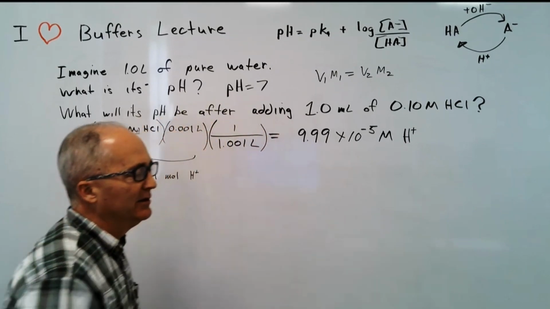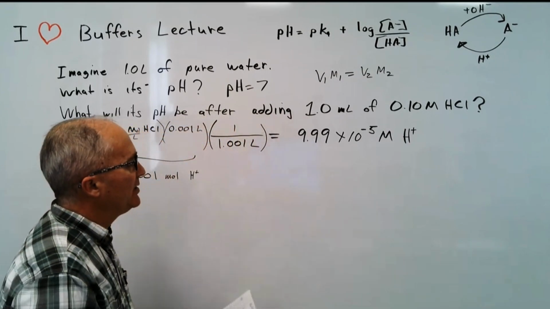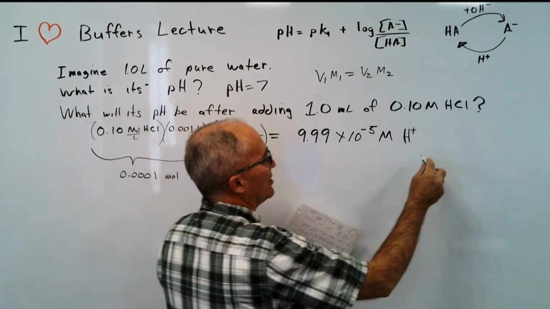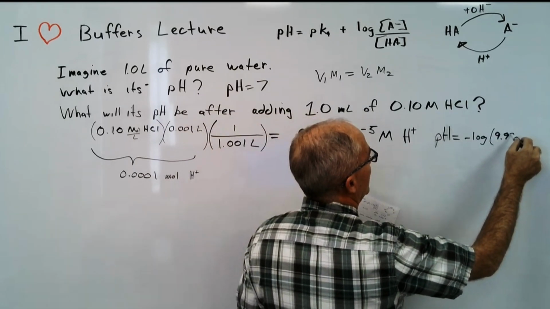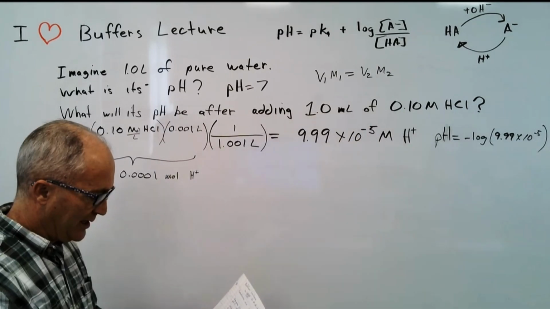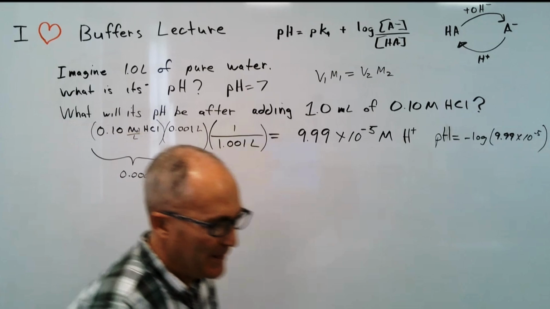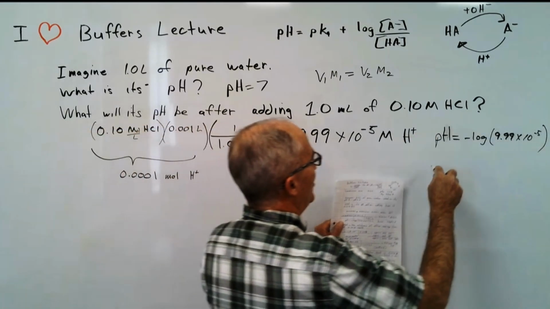That's where we have to stop taking the log of molarity to figure out the pH. All right, so we can go pH equals negative log 9.99 times 10 to the -5. Pull out our calculator, and what do we get? 4. Perfect. This equals 4.